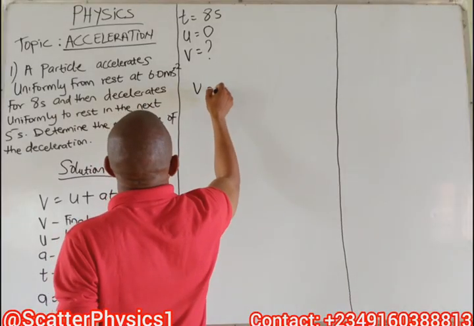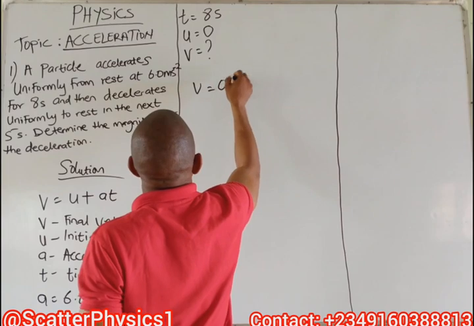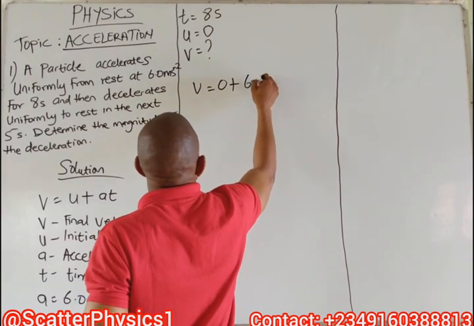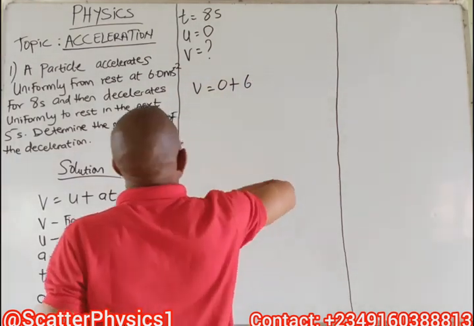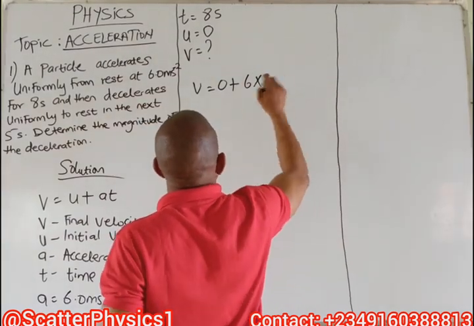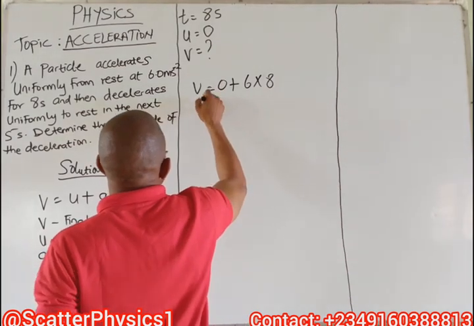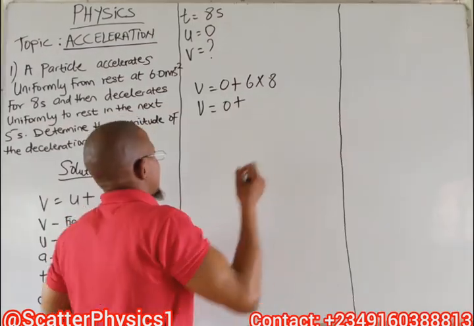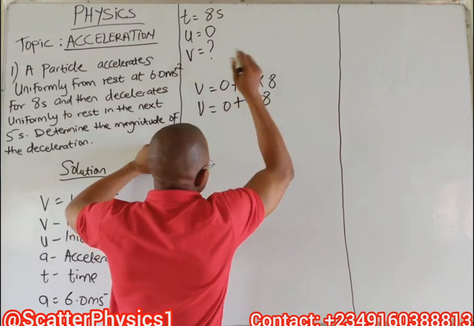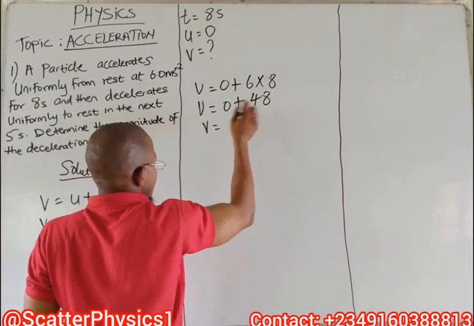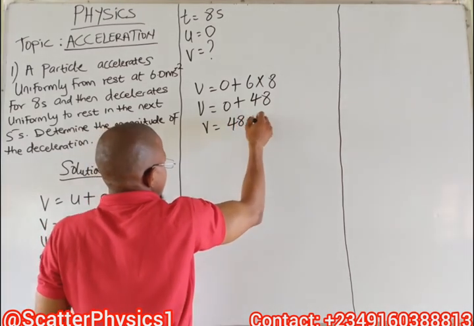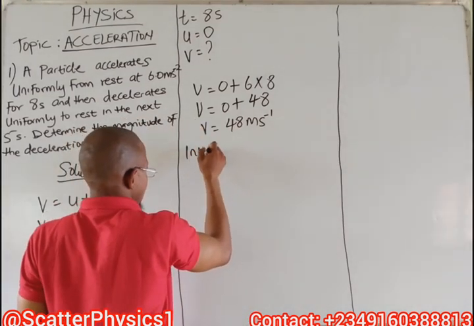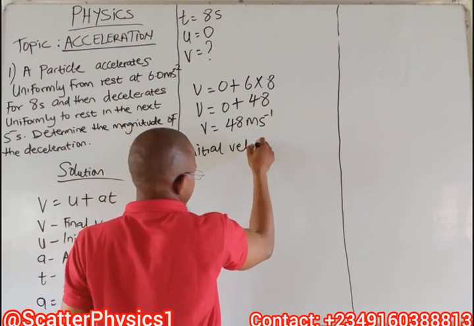V equals U, which is 0, plus A, which is 6, times T, which is 8. So V equals 0 plus 6 times 8, which is 48. So V equals 0 plus 48, which is 48. This is the velocity reached.